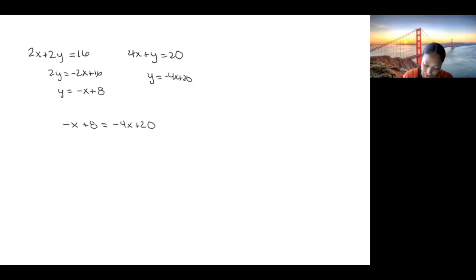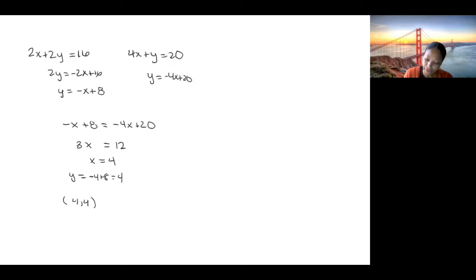Then we'd add 4x to both sides. That would give us 3x. And if we subtract 8 from both sides, that would give us 12. 3x equals 12, and x equals 4. Then to find y, you can plug x into either of the original two equations. y would be equal to negative 4 plus 8, which is 4. So this gives us a corner point of 4, 4.